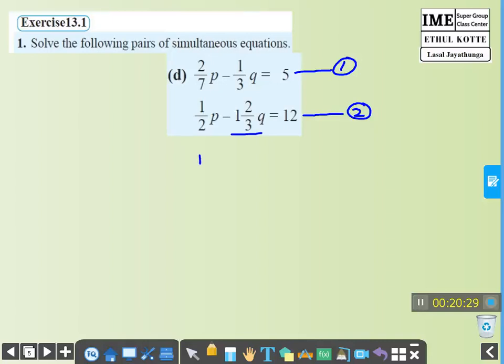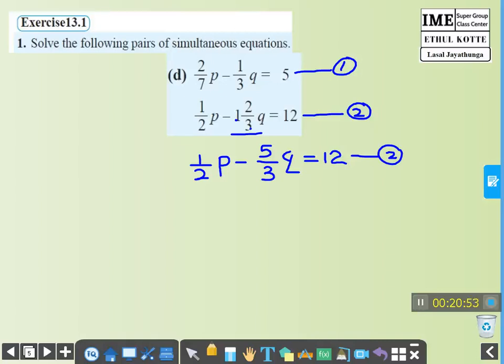Right. So I'll repeat it by making the improper value, minus 1 2 upon 3. How much? Improper answer is 3 into 1 3 5. Q equals 12. I still name it equation 2 because I didn't multiply the equation.